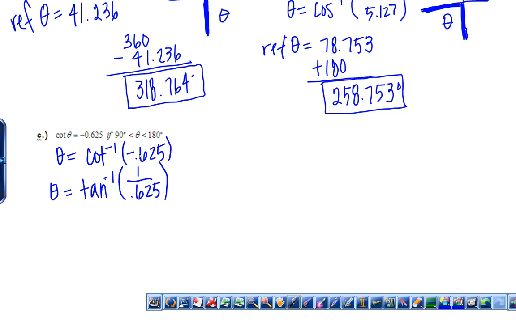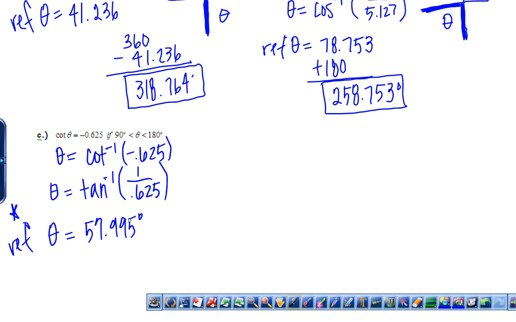Now remember I said if you've got a negative in here, drop it. Okay, that's way important. Drop the negative. Plug this into your calculator to find your reference angle. It will always work this way. What's your reference angle here? It should be 57.995. Again, that worked out.